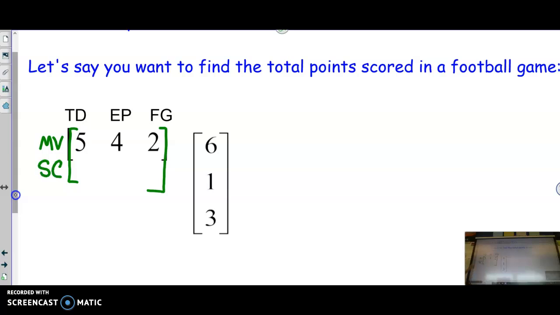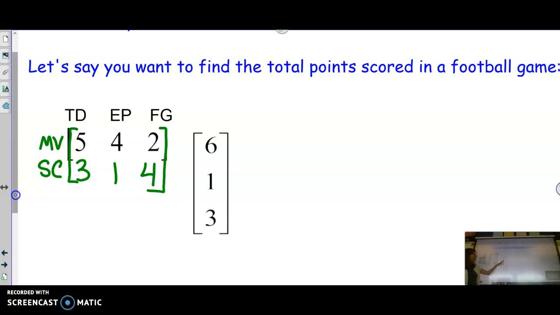Okay, so in the game, Marysville scored 5 touchdowns, 4 extra points, so the point after the touchdown, they missed 1, I suppose, and they got 2 field goals. Let's say in that same game, St. Clair got 3 touchdowns, 1 extra point out of those chances, and 4 field goals.